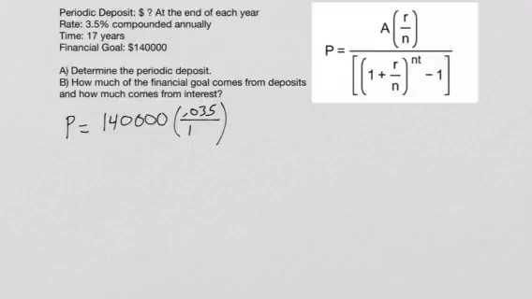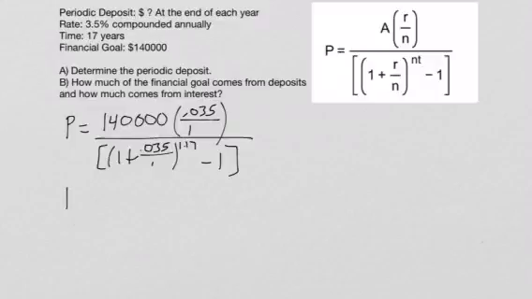On the bottom, we get 1 plus my R, which is 0.035, over N, which is still 1 because it's once per year, then raised to N times T, which is 17, and then minus 1.